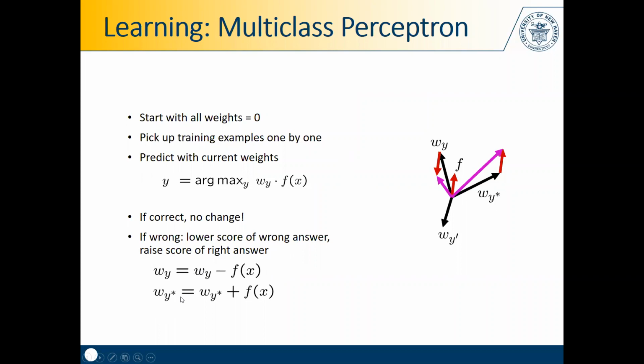And it means that the weight vector for the correct class, Y star, does not have enough emphasis towards class Y. So we increase that emphasis through the summation. Does that answer your question?